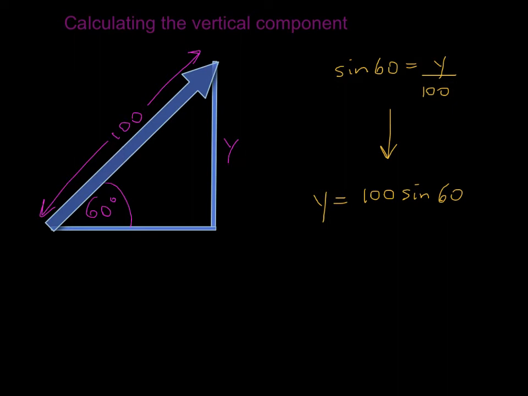So, in this case, the sine of 60 would be equal to y, the vertical component that we're looking for, divided by 100. Rewriting the equation, y is equal to 100, the magnitude of the vector, times the sine of 60, the direction of that vector.